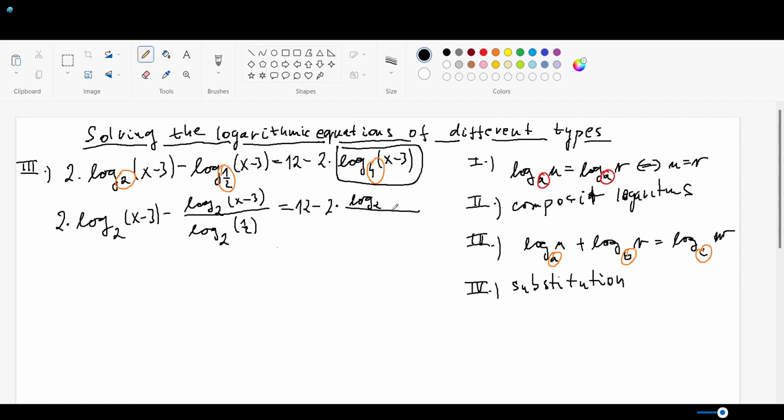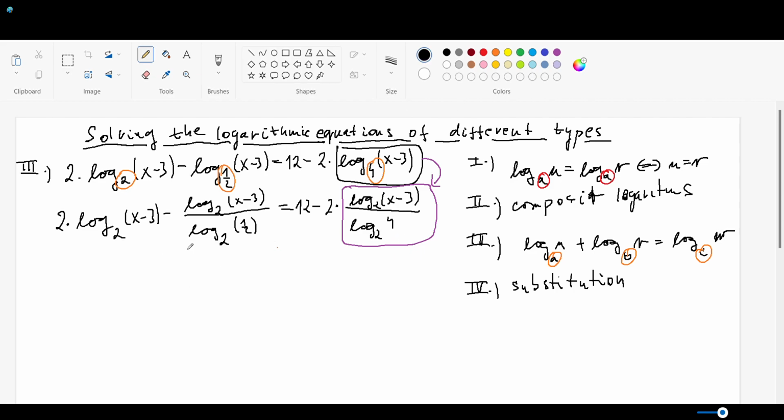I will highlight it later on. Now we use the argument, so x minus 3 over log base 2 of 4. So here we applied the change of base rule, and from here you come to this expression.